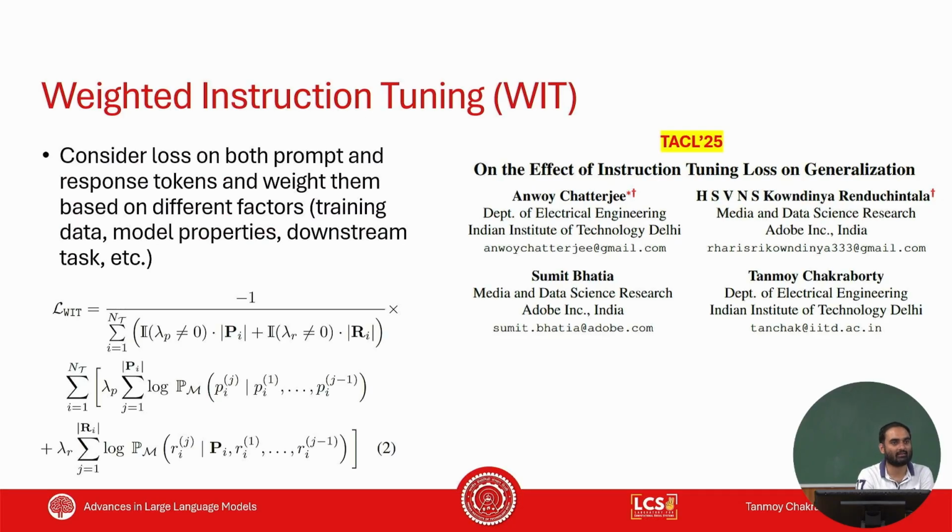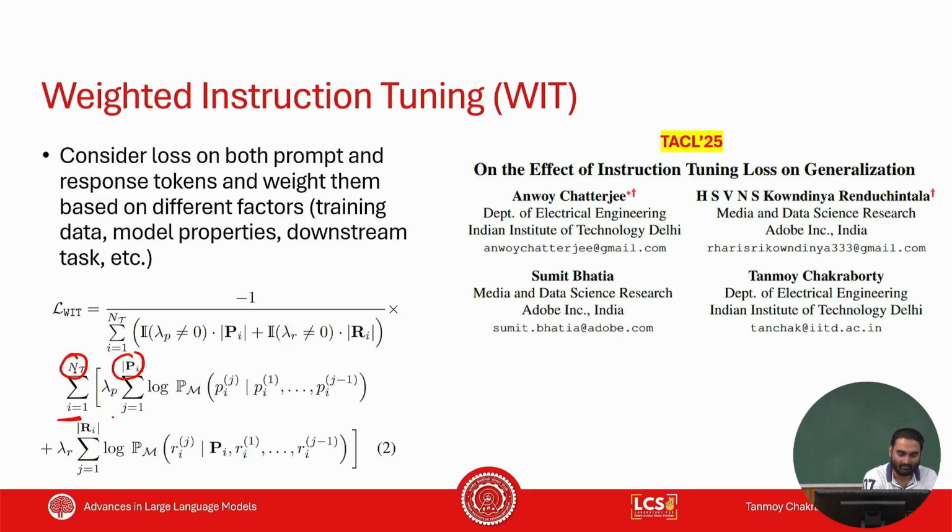we thought of an objective function which gives weightage to both the instruction as well as the output. You see here, n_t is the number of tokens present in the input, and i equals 1 to n means you have n data points.